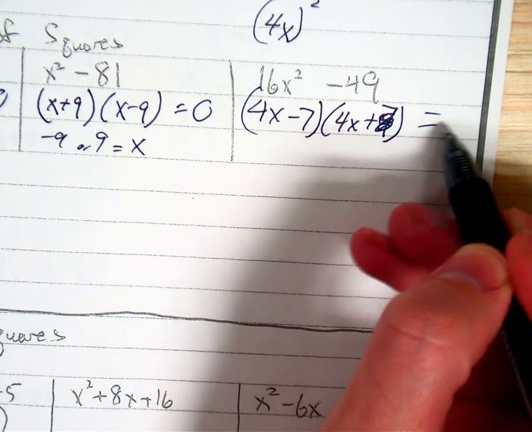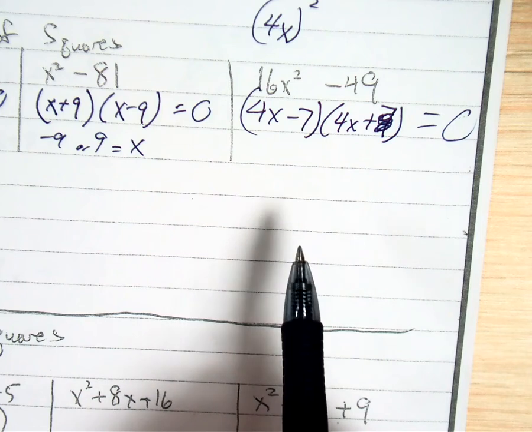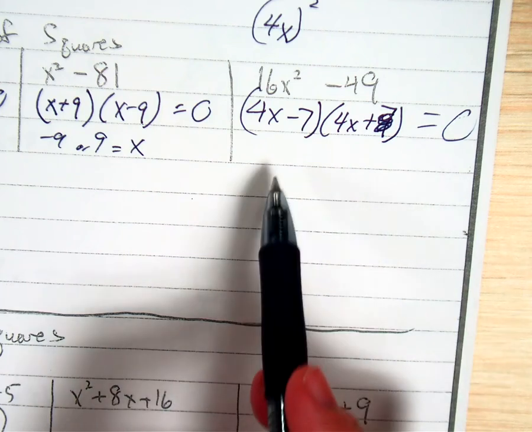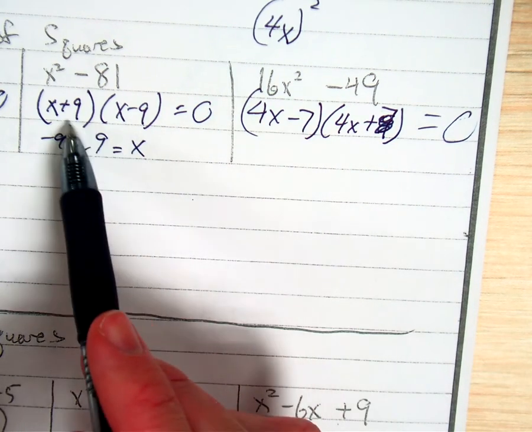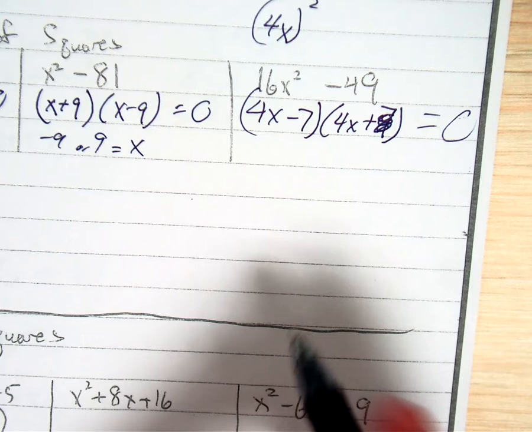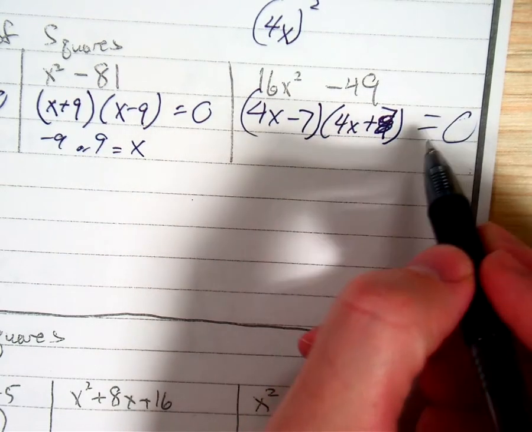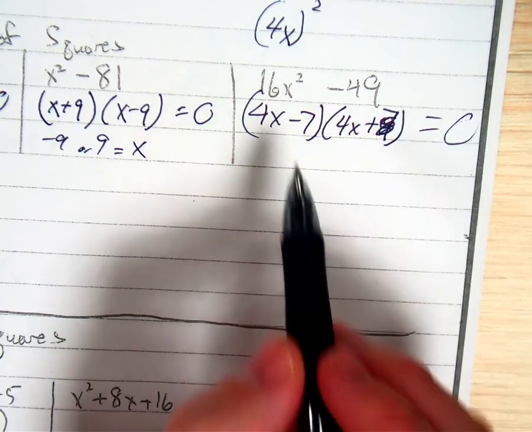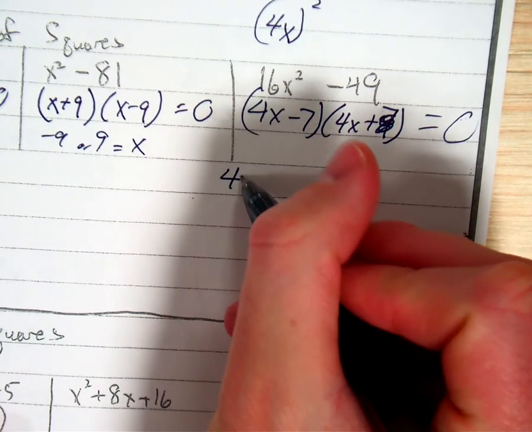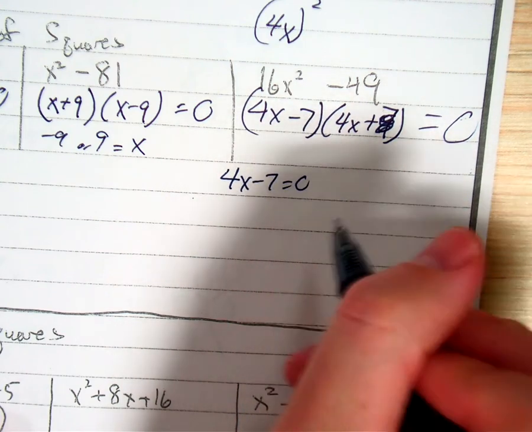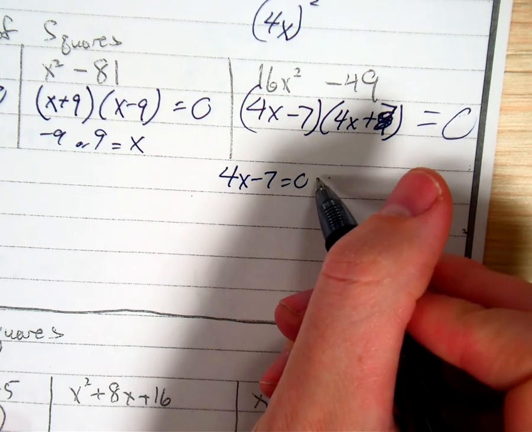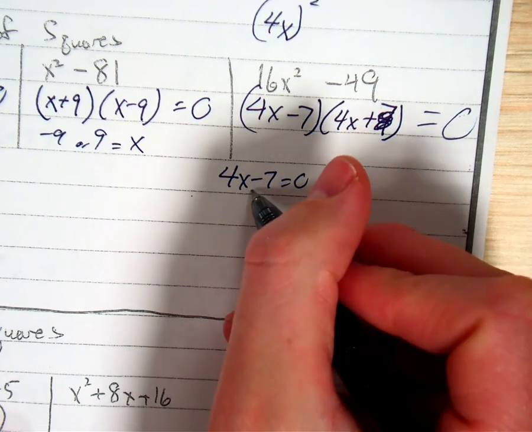Let's say this one equals 0. It's a little more complicated. You're looking at this. It's not quite as easy as just doing the opposites. But it's close. What would make this first one equal 0? You would add 7, or do the opposite.